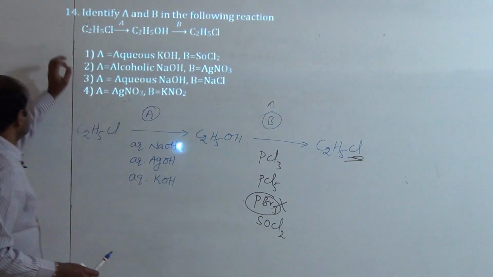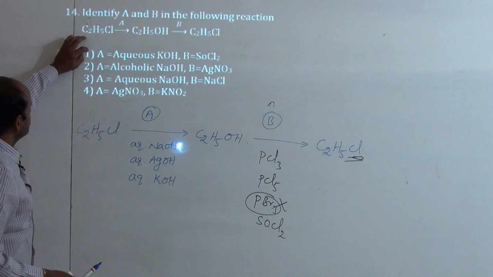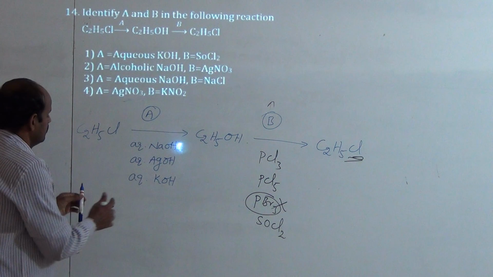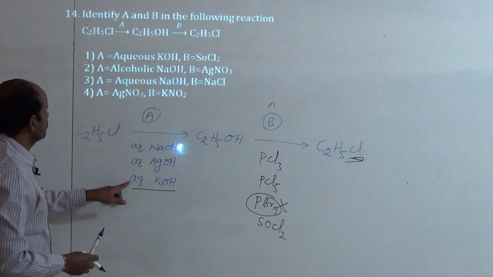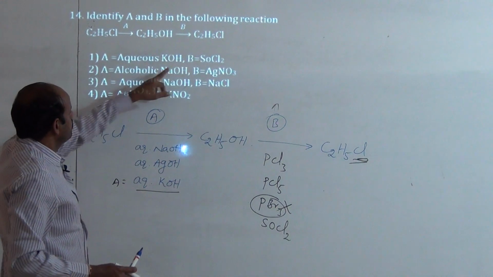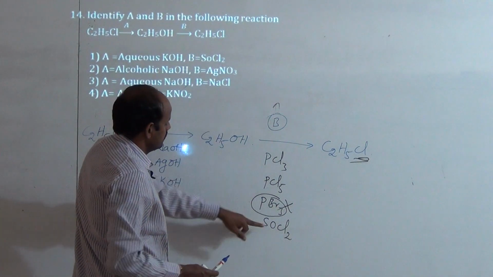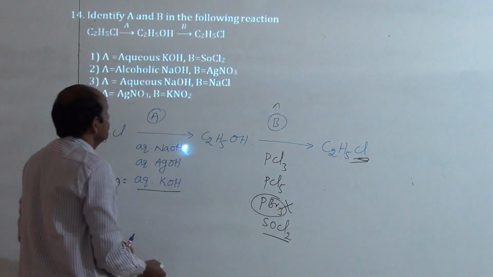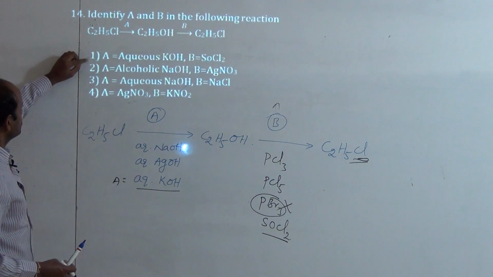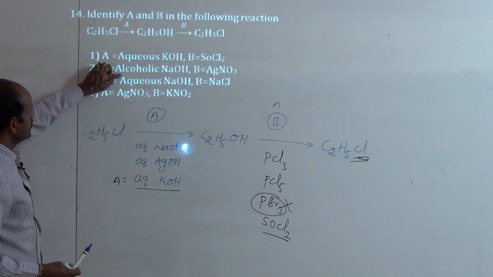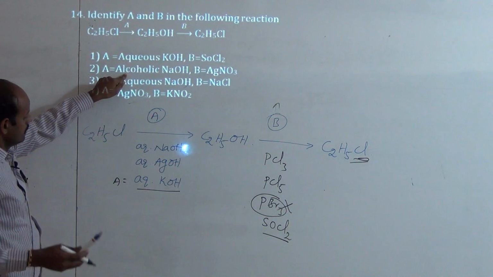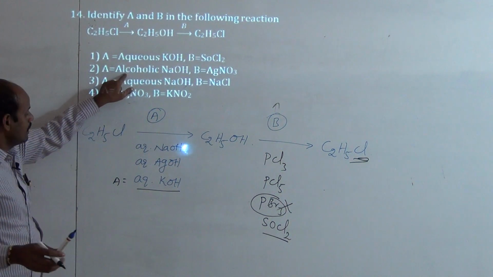So check the given options. A is aqueous KOH. So aqueous KOH is there, no? Hence it is A. And B is SOCl2. SOCl2 is there, no? So hence what is the answer? First option. If you want to check another option, A is correct only. Here given alcoholic, if you use alcoholic, then alkene is formed but not alcohol.